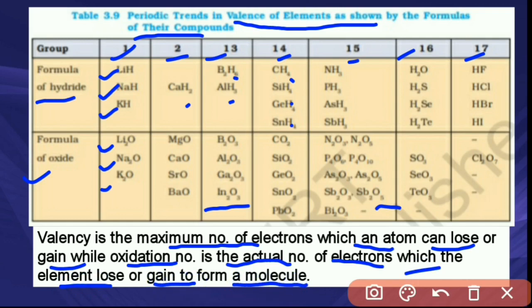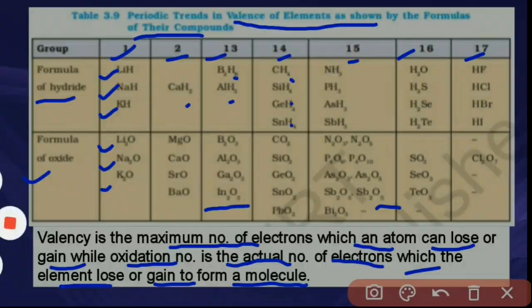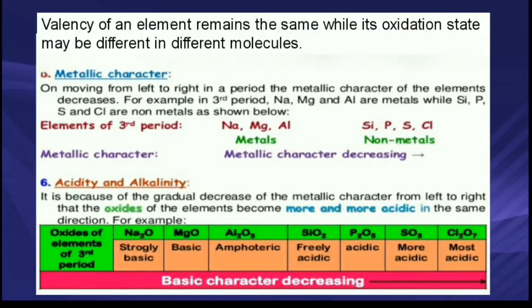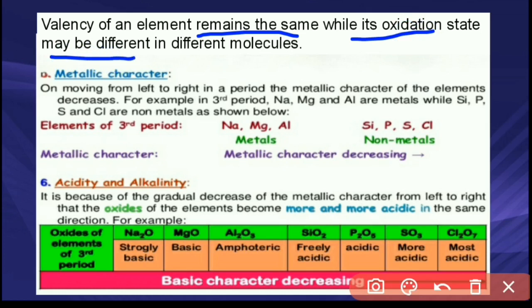So oxidation number is variable and valency is constant. So valency of an element remains the same while the oxidation state may be different in different molecules.